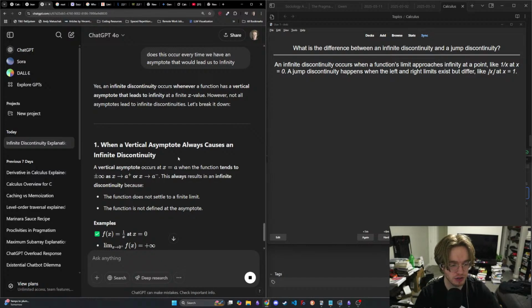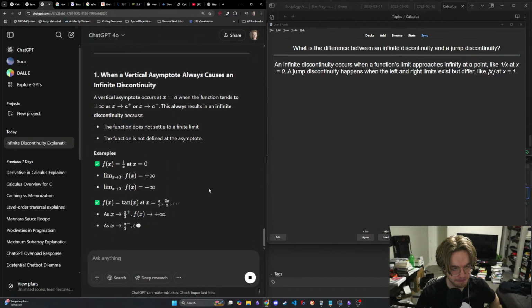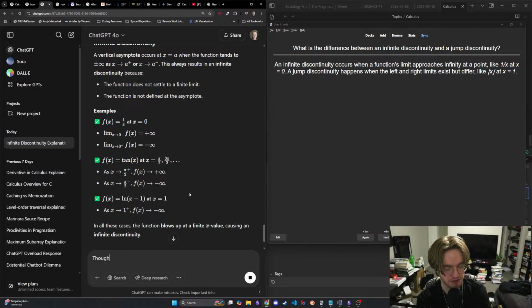Okay, so a vertical asymptote. Though we could have a non-vertical asymptote, say, where our slope is 1, that is still an asymptote, but it is not an infinite discontinuity because it doesn't approach infinity. It just merely approaches slope of 1.